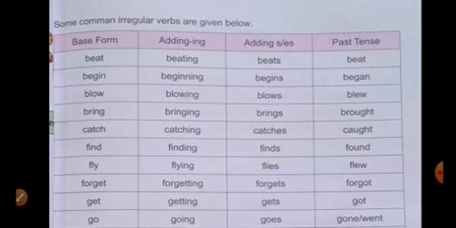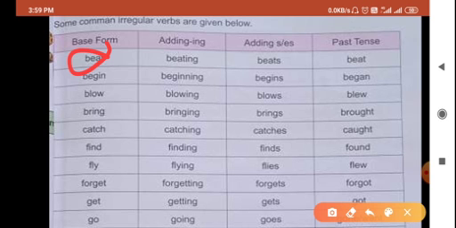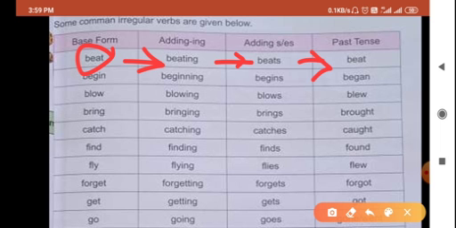See students, the first verb given is beat. Here beat, when we add ing, becomes beating. When we want to find the s or es form, it becomes beats, and in past tense it remains the same, beat.